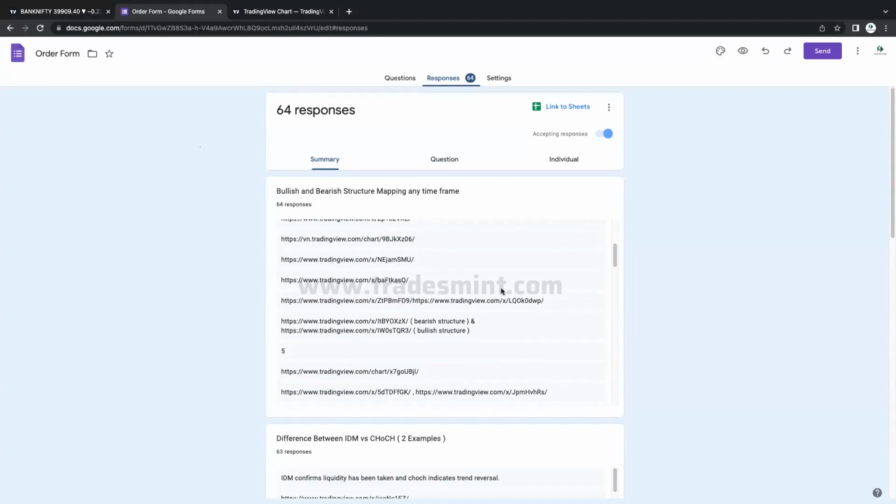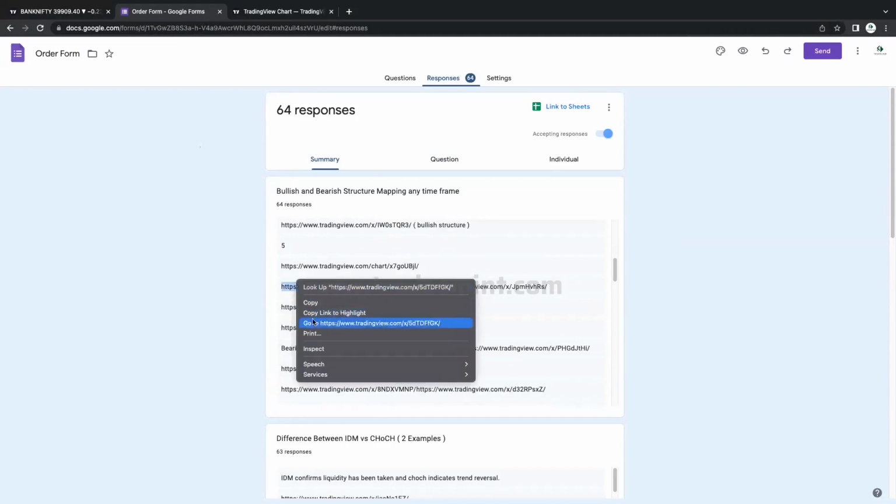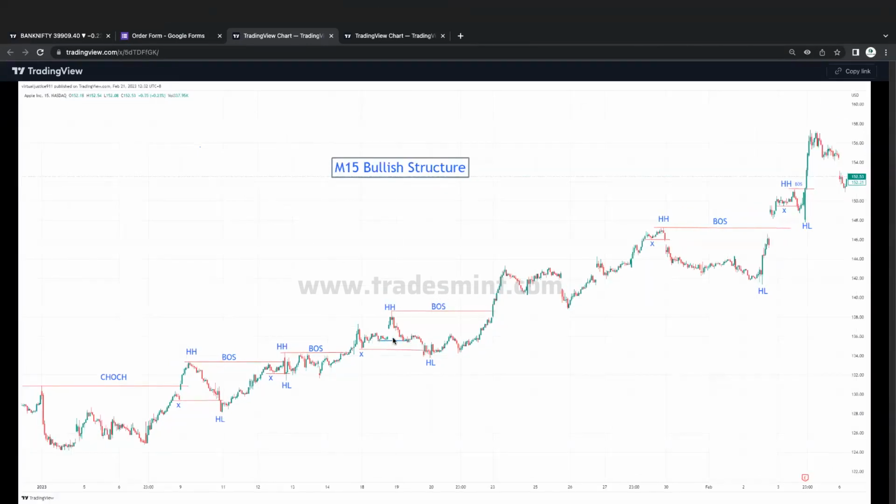Now I will check a few responses randomly because it takes a lot of time. Let's see. Choch, inducement. Okay, perfect. Inducement is always the first pullback. Which one is here? Right, this one. Taken out the inducement, higher high, higher low, again goes higher high.